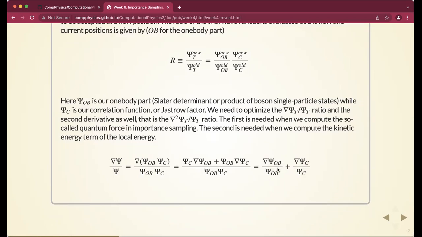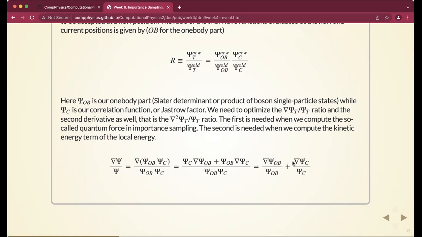So we would have a derivative here. If you move one particle at a time, this derivative will only act on one particle. That means the ratio here would simplify to the calculation of just the derivative of one function at a time.